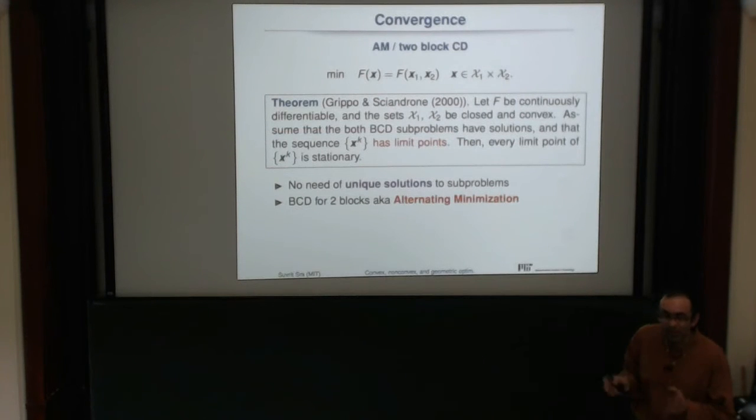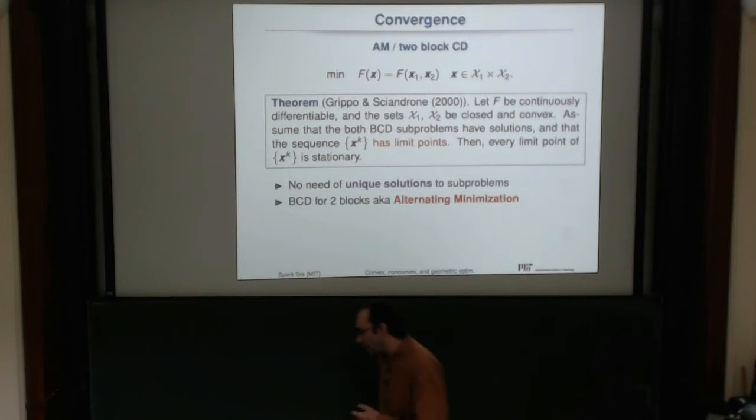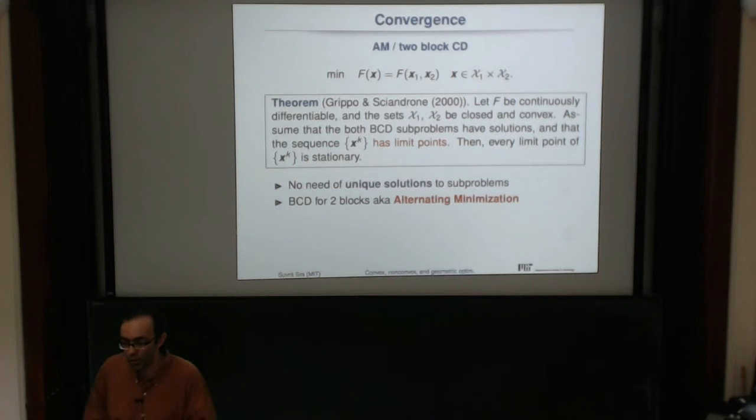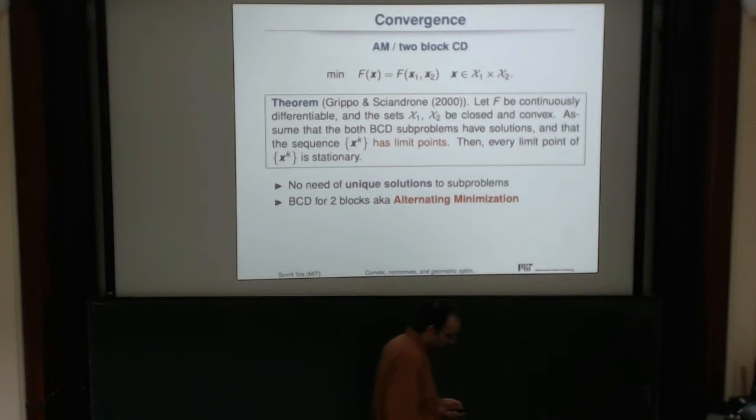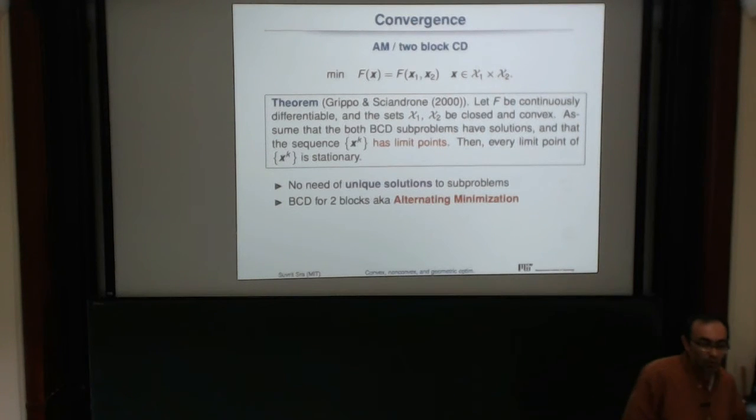And the convergence follows from this. There are several ways to analyze convergence, but this is a good theorem to know about, from Grippo and Sciandrone from 2000. Basically, if you have a cost function f of two blocks of variables, x1 and x2, or x comma y, so it's block separable, so that x1 and x2 live in a Cartesian product of closed convex sets, and assuming that fixing x1 the problem over x2 has a solution, and fixing x2 the problem over x1 has a solution.